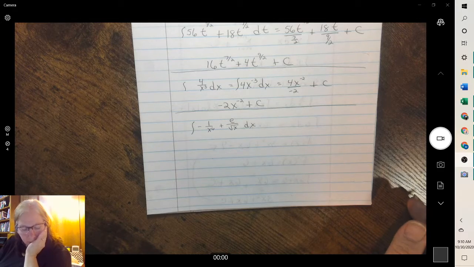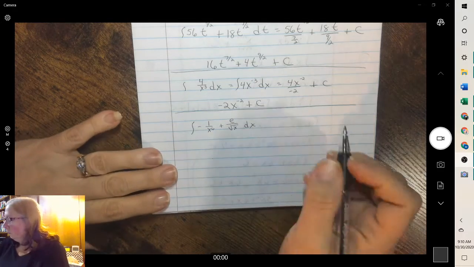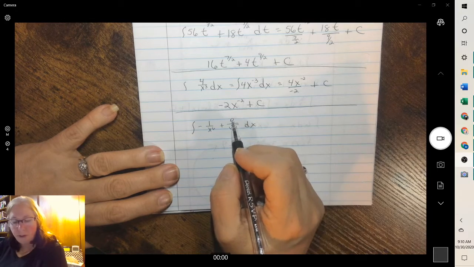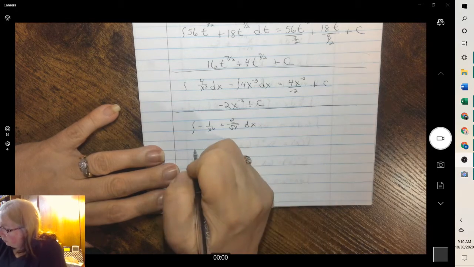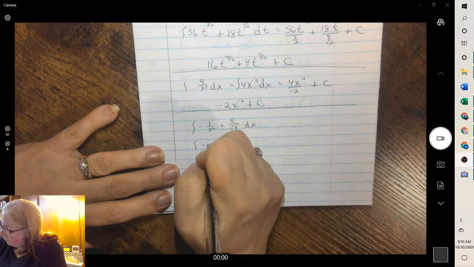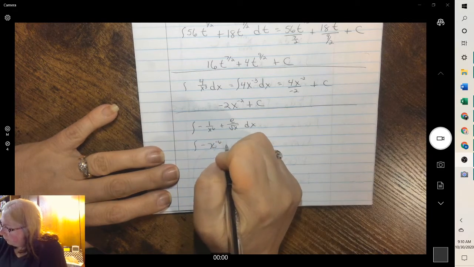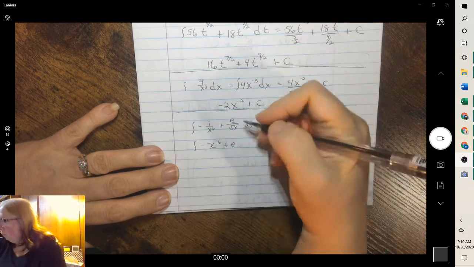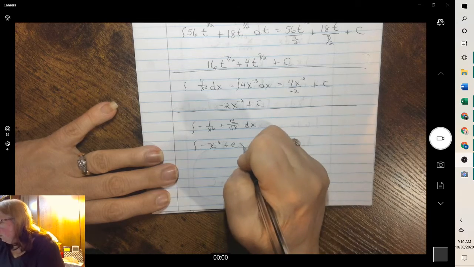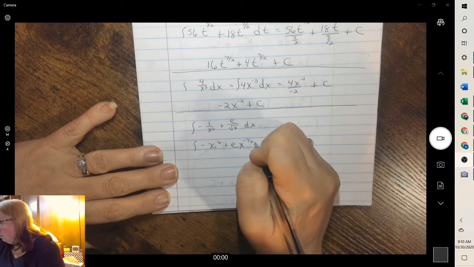Okay, this one, we have to bring these up, and this is just e to the first power, so this is just a number. When I move this up, I'm also going to change the exponent to a 1/2, so this would be x to the -1/2.